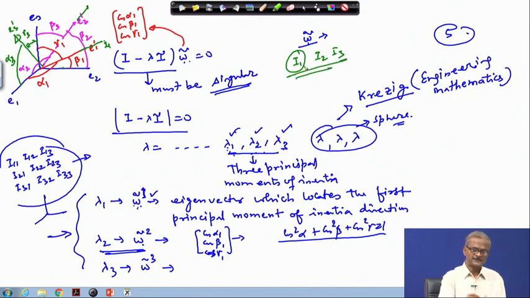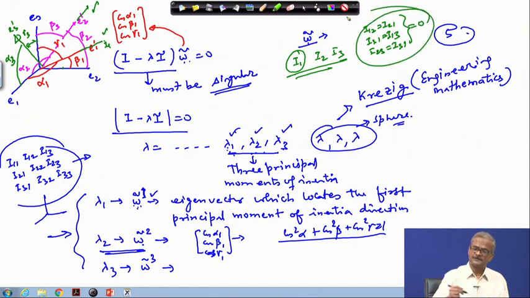And the mass distribution with respect to these new axes E 1 prime, E 2 prime and E 3 prime is such that all the off-diagonal terms I 1 2, I 2 1, I 1 3, I 3 1, I 2 3 and I 3 2 are equal to 0. They vanish.